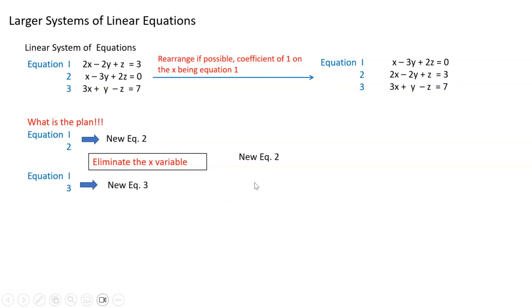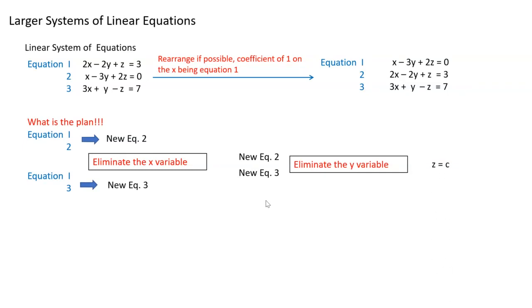So now I'm going to take the new equation 2 and the new equation 3, and I'm going to eliminate the y's. After I do that, I'm going to get a new equation, which will be something like z equals a number, and c can be any real number. Then I'm going to go back and substitute. After other steps, the equation should look like this.